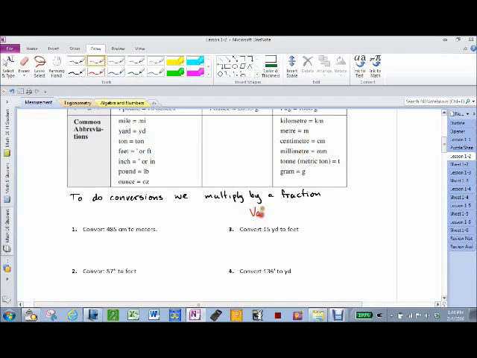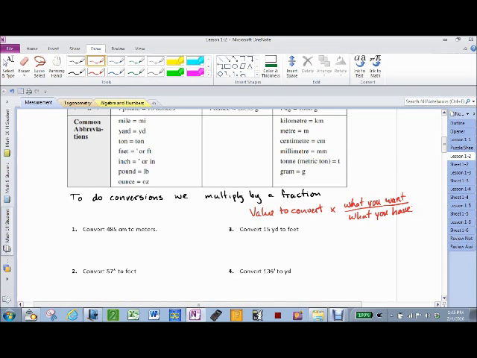You have a value to convert, whatever it is you're starting with, and you multiply it by this fraction: what you want over what you have. I haven't given you an example yet, so it might not make a lot of sense to you.